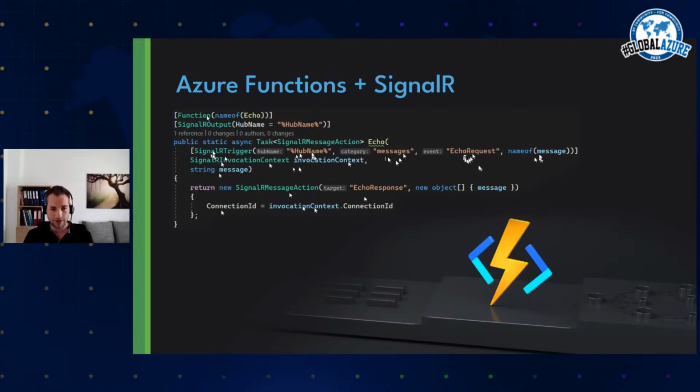And the connection ID property of the SignalR message action just tells SignalR to which client we want to send this message, and we just use the same connection ID of the one who invoked this function. But we could, of course, send to other connections here, and then we could implement a chat functionality or a game, like in our case. So this is, in a nutshell, how we can use SignalR in combination with Azure Functions.